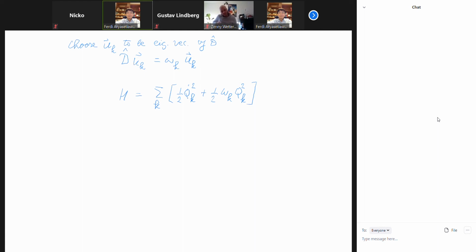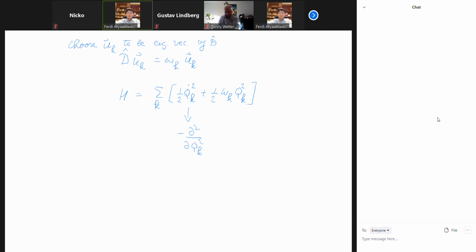So this is what we normally do. We have this Hamiltonian, and then we want to quantize this. So what we do is we replace this thing by an operator. So that becomes derivatives like this, second derivatives.